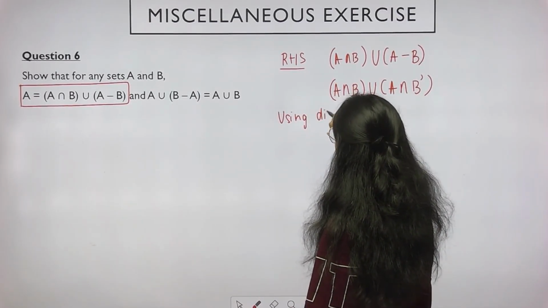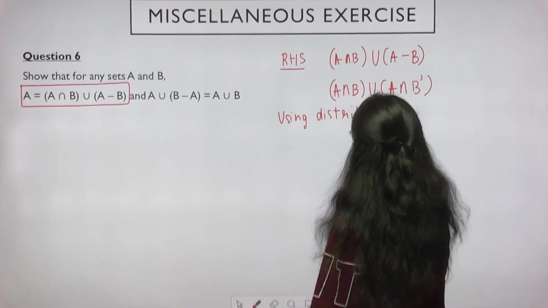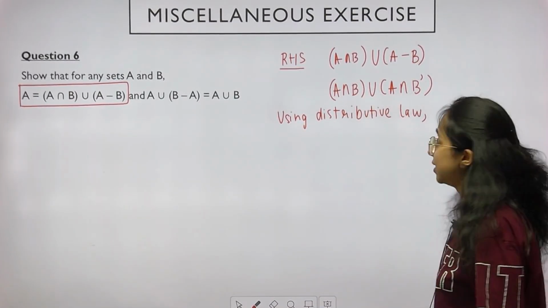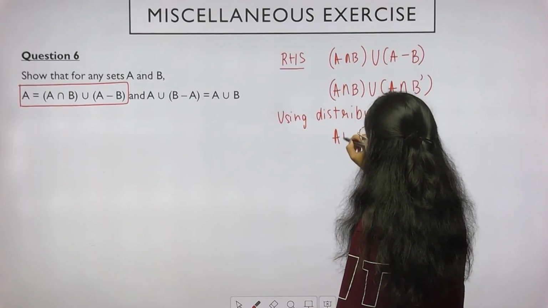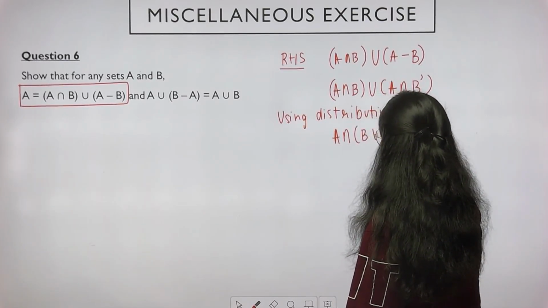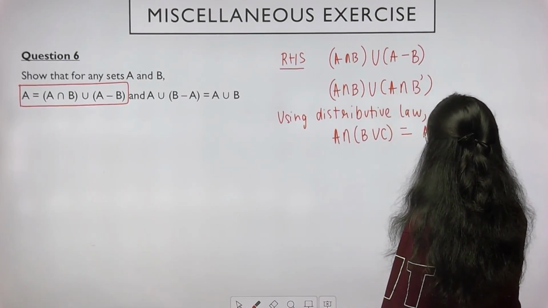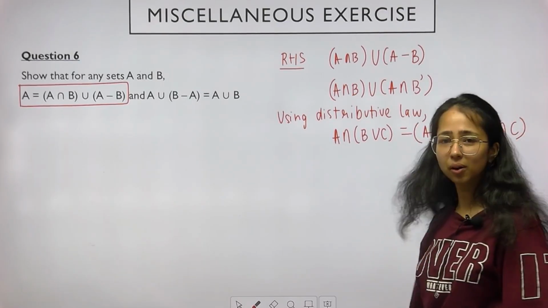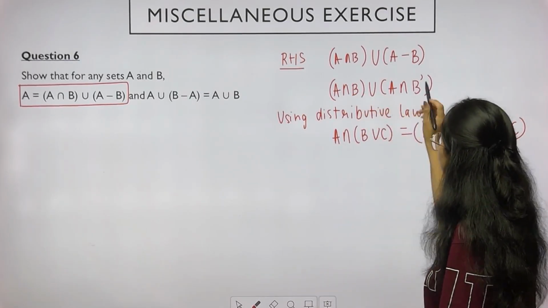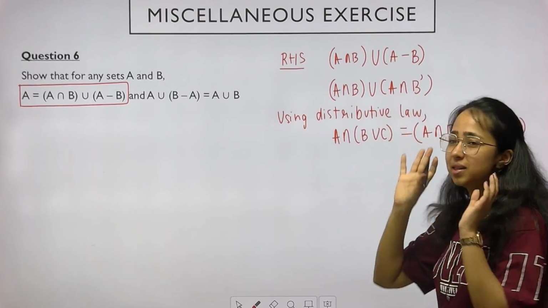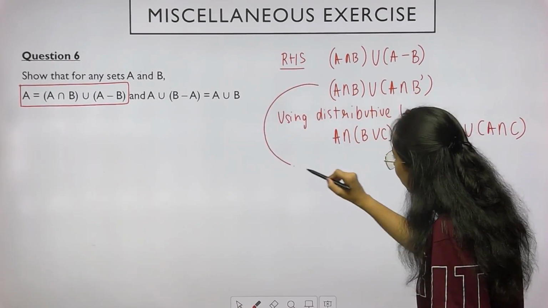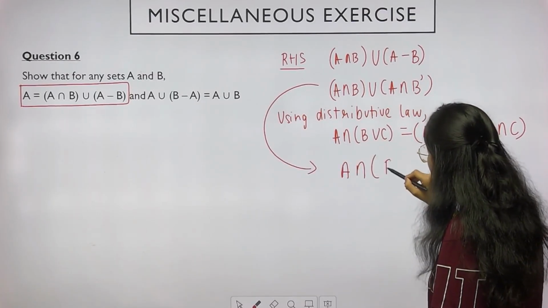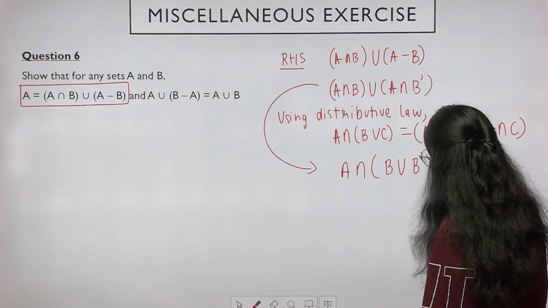The distributive law says that A intersection B union C is equal to A intersection B union A intersection C. Now, according to this, C is working as B complement. So this becomes A intersection B union B complement.